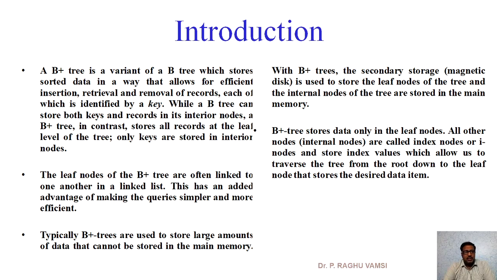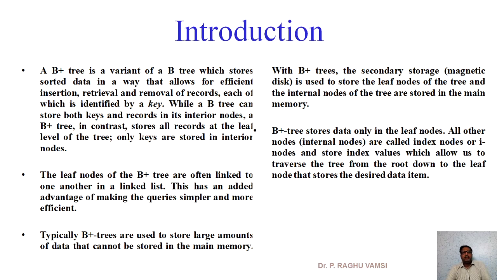Typically, B plus trees are used to store large amount of data that cannot be stored in the main memory. The same concept we started in the B tree concept also, especially the indexing is for the purpose to store large number of keys or data elements that will not fit into the main memory. That means that particular data will be available on the hard disk.